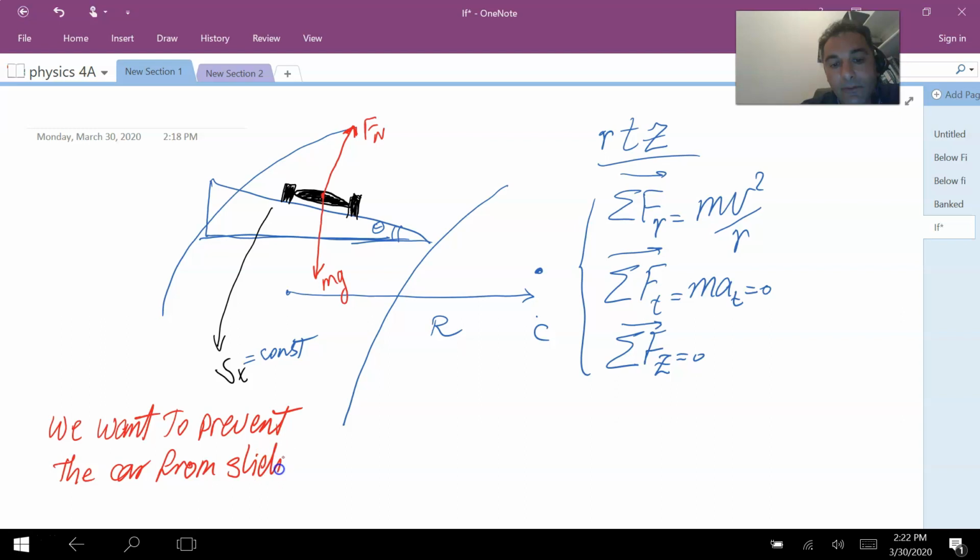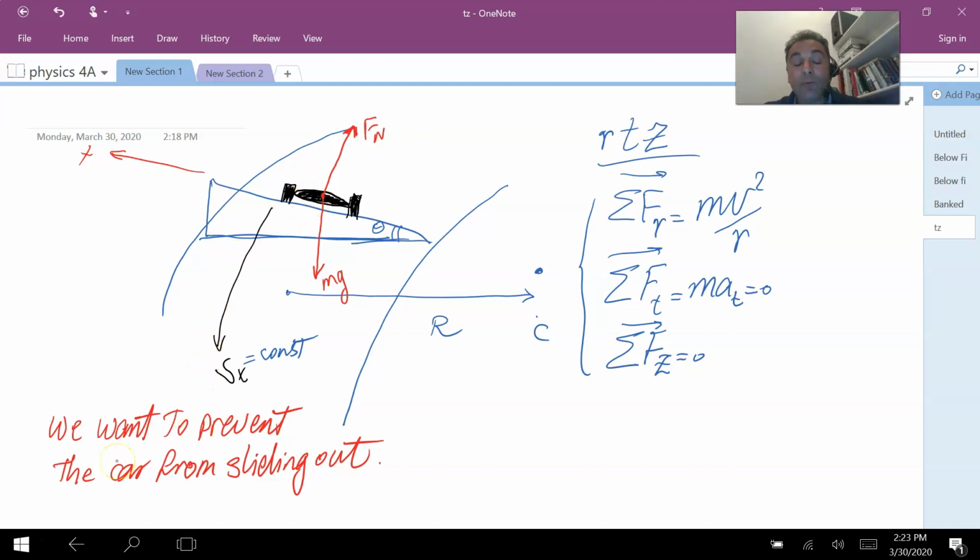Sliding out. What direction is sliding out? This is the direction of sliding out. So that's in reality the direction of motion. Pay attention, not the direction of motion of the car on the tangent axis. No, that's actually this side.